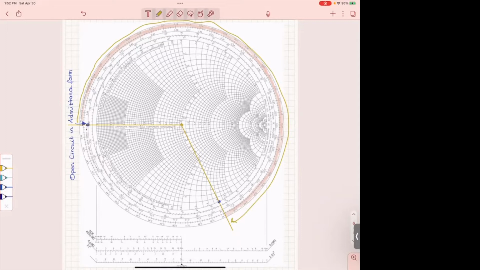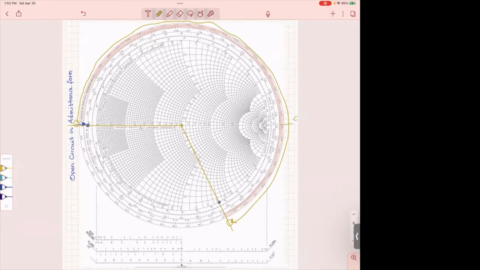To move from here to there, we have to describe a whole half circle, which is equivalent to a quarter of a wavelength. So this one is 0.25 lambda.